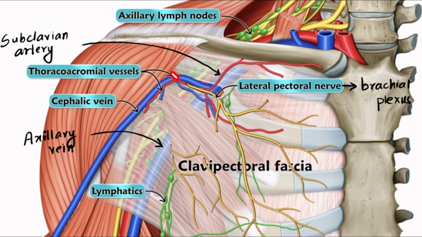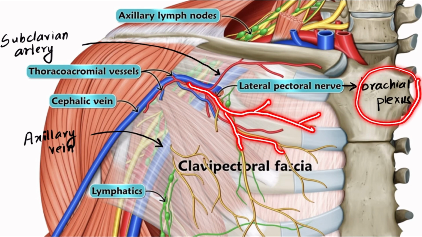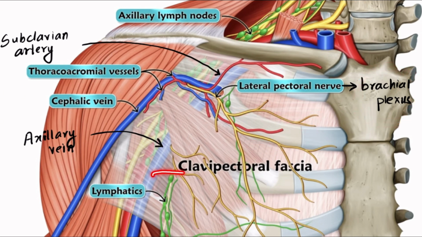There are thoracoacromial vessels that connect with the subclavian artery. There's the lateral pectoral nerve which branches out from the brachial plexus. And finally, there are lymph nodes that pierce through the fascia and reach the axillary lymph nodes.